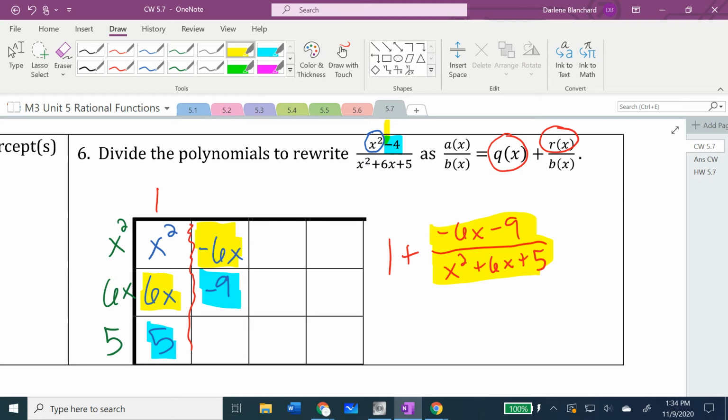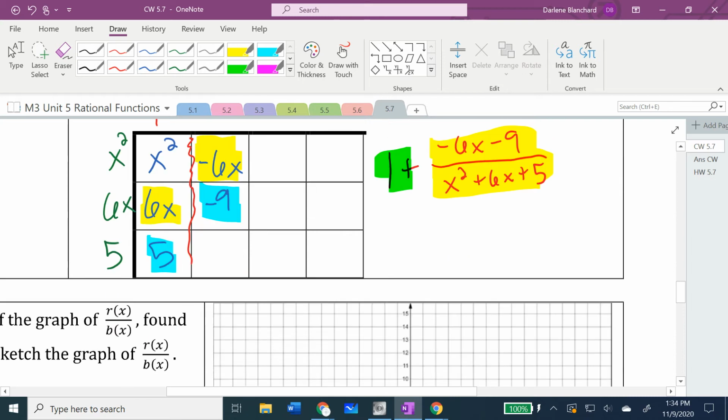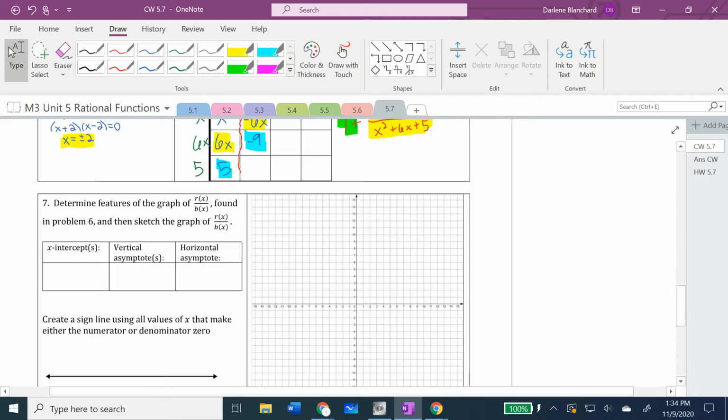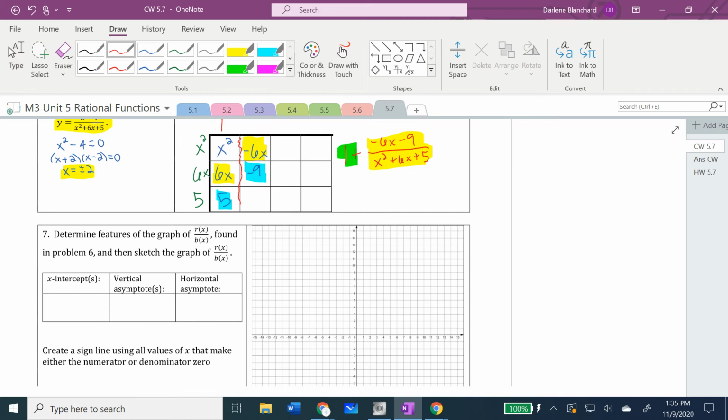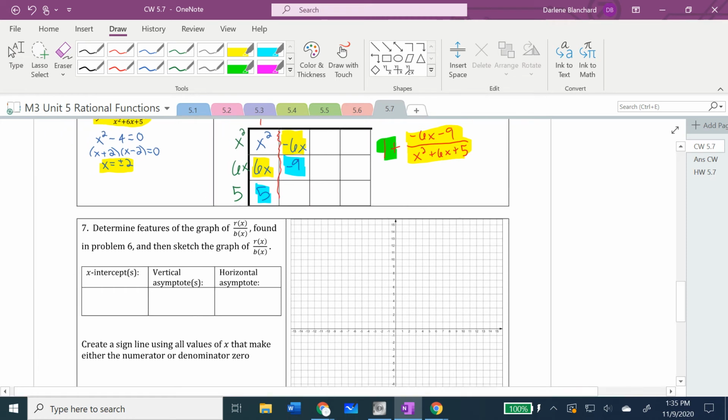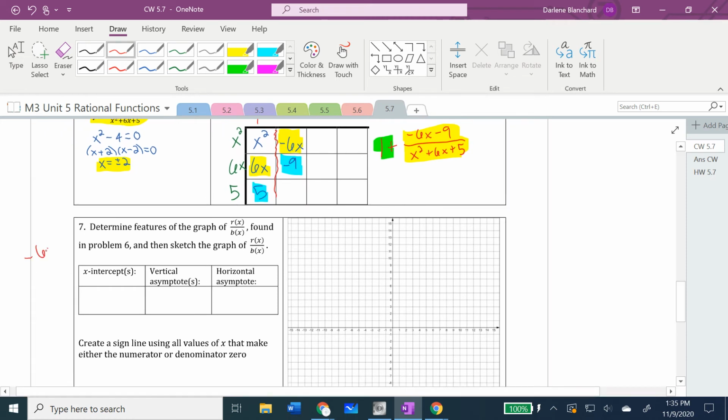We're going to graph that, and then we're going to move it up 1 unit. So here, starting with just the negative 6x minus 9 over x squared plus 6x plus 5.